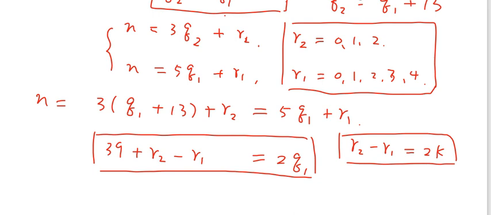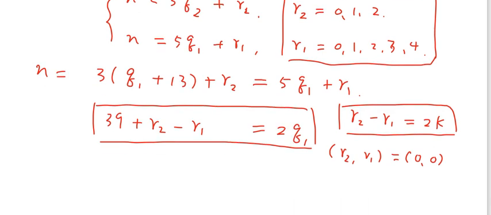This even number could be positive or negative, right? At first, R2, R1 could be 0, 0, or 1, 1, or 2, 2. But not 3, 3, since R2 can be at most 2. That is k equals 0.